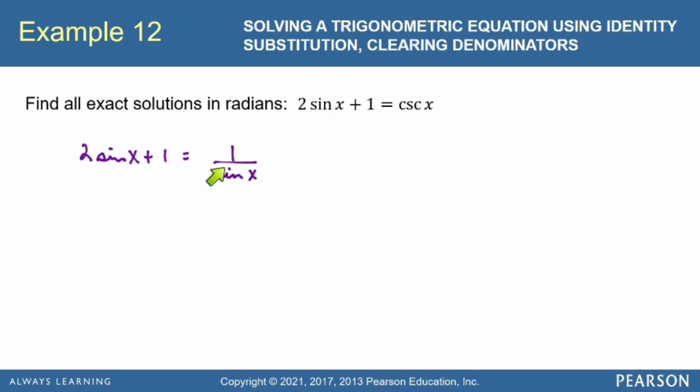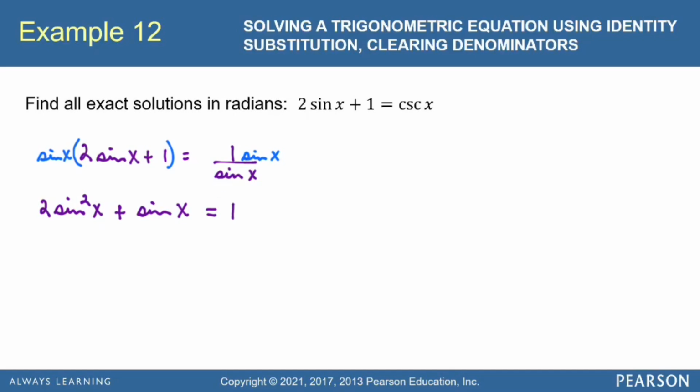Now to eliminate sine of x from the denominator here, let's multiply both sides of the equation by sine of x. When we distribute sine of x on the left side, we're going to get 2 sine squared x plus 1 sine of x. And on the right side, sine of x divided by sine of x leaves us with just 1.